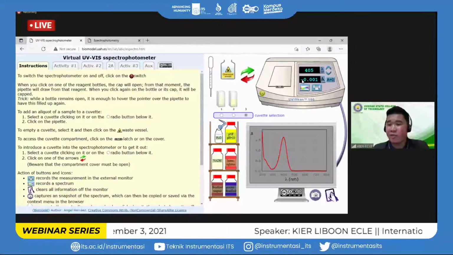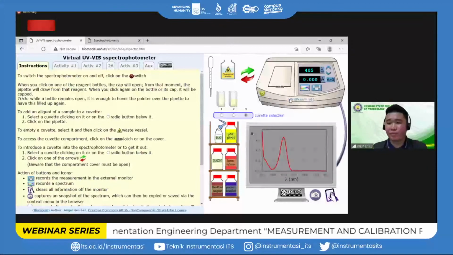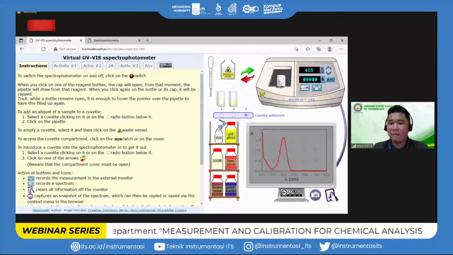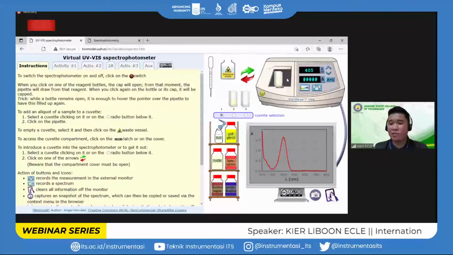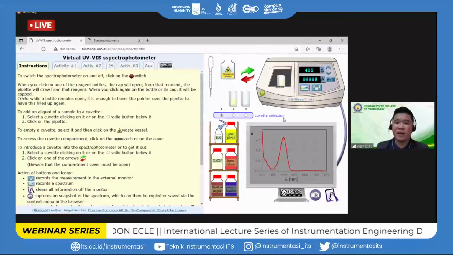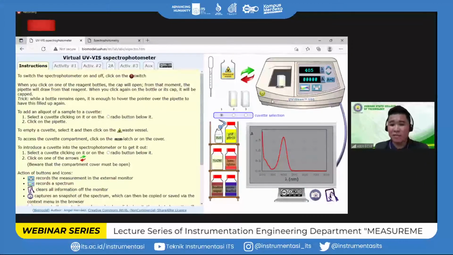Here you can have the absorbance of negative 0.001, so you must set it to 0. Then transfer the first solution in the first cuvette. This is your first standard solution, that is 2:1, so 2 ml water and 1 ml PNF solution.